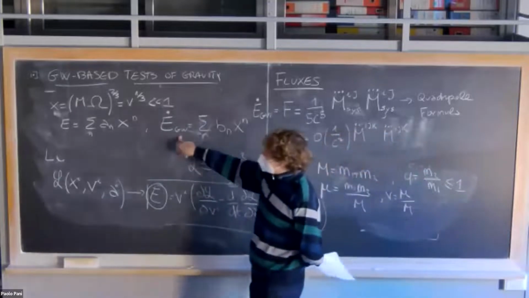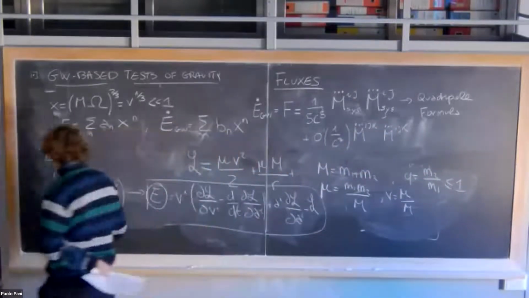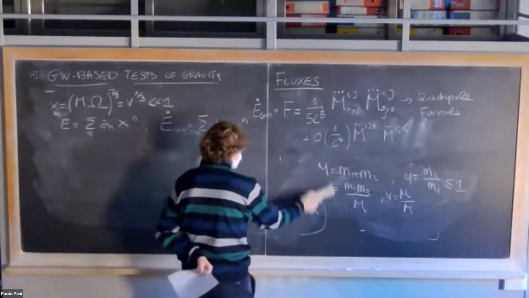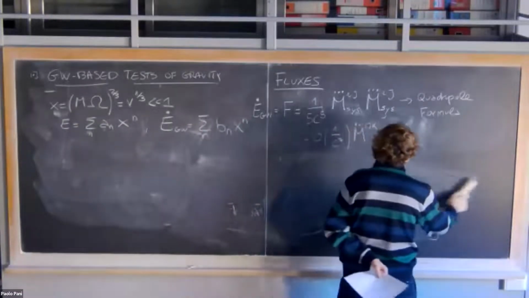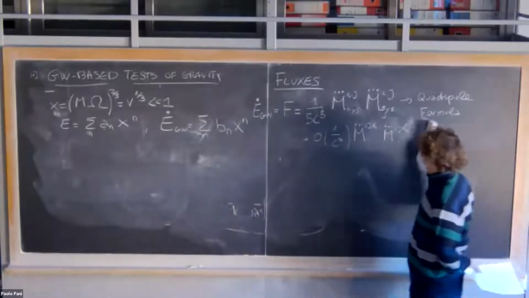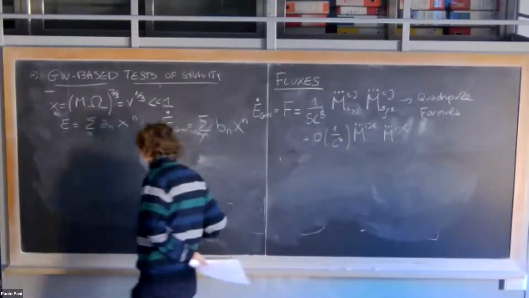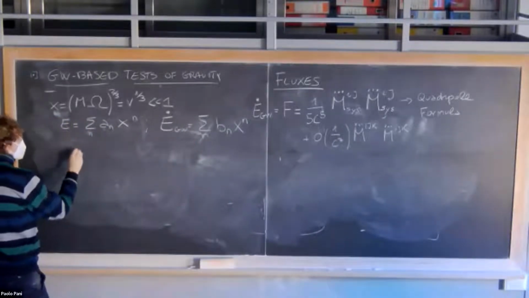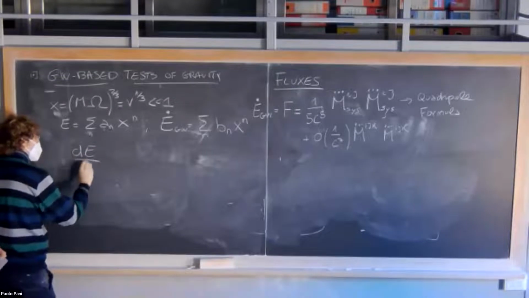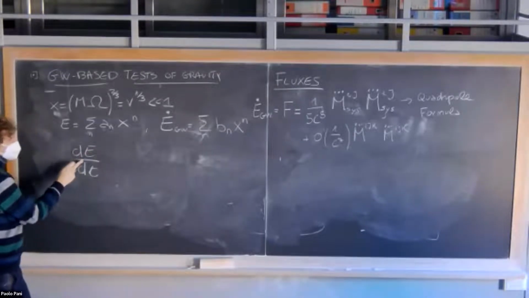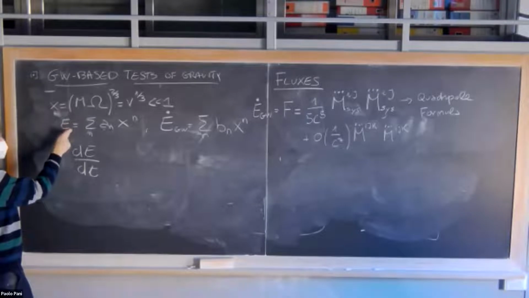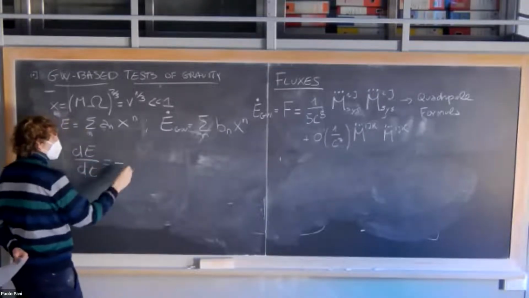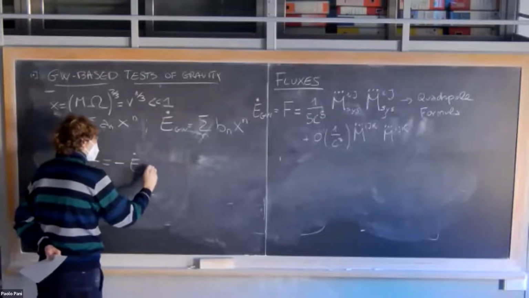And why is this important? Because if one has the fluxes and the energy, essentially through an adiabatic approximation, one can compute the gravitational wave phase. The way this can be done is by saying that if I take this E, dE/dt, the adiabatic change of the binding energy of the system will be compensated by minus the flux.